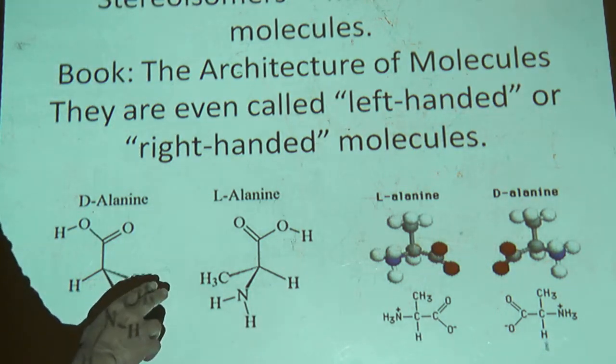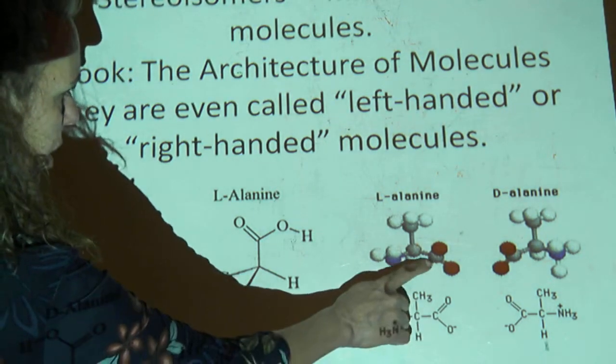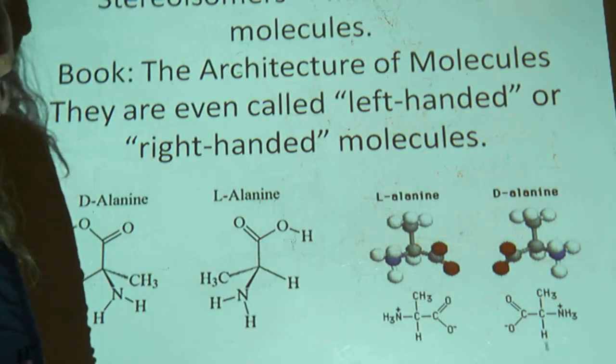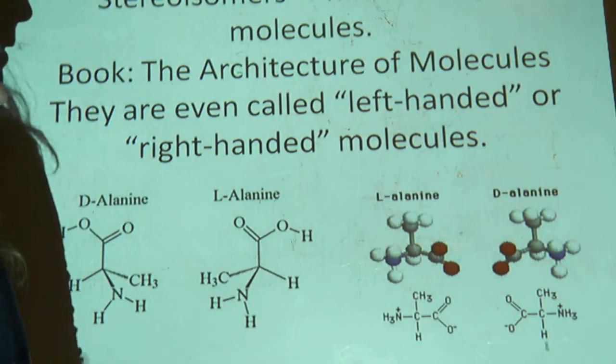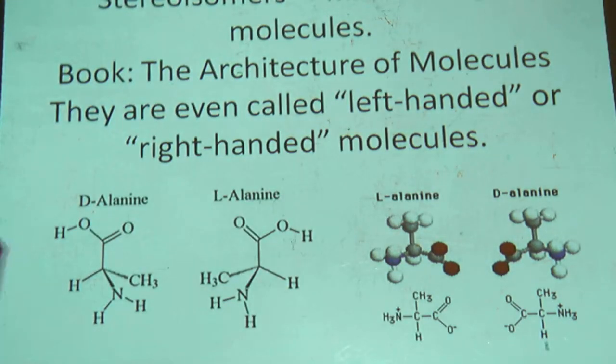Oh, here it is. This is the carbon with 2 oxygens on it. Anyway, so you can see that they're mirror images. So we're just talking about reflections and all that sort of stuff. So that was kind of interesting.